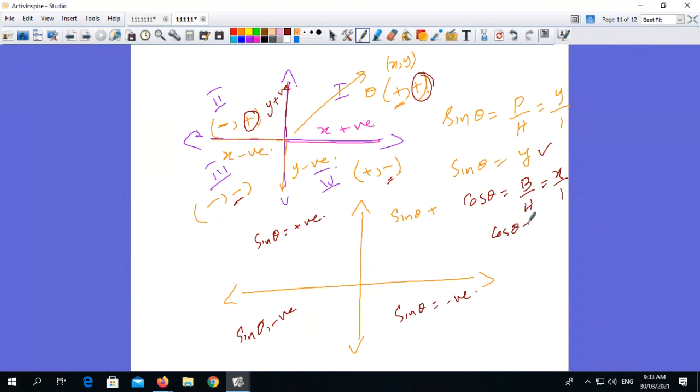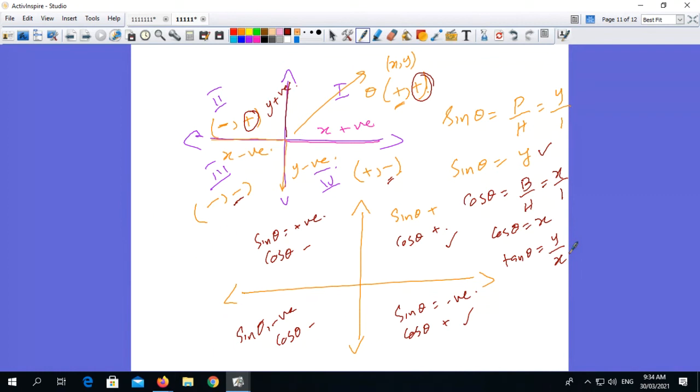So cos theta depends upon x, and now we check the sign of x. In the first quadrant x is positive, so cos is positive. In the second quadrant x is negative, so cos is negative. In the third quadrant again x is negative. In the fourth quadrant cos is positive. So in the first and fourth quadrants cos is positive, in the second and third cos is negative. In a similar way, tan theta depends on both y and x.